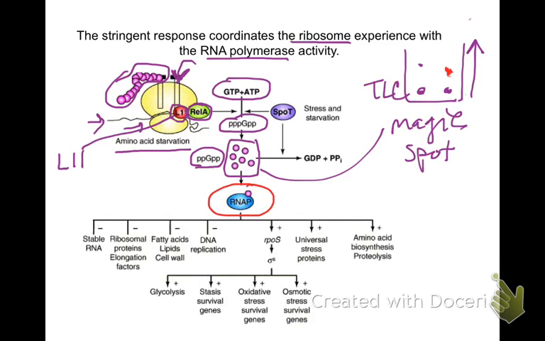So what would happen is that during this amino acid starvation, this RNAP bound to magic spot would shut down DNA replication, cell wall materials, fatty acids, lipids, stop making ribosomal proteins and elongation factors, and instead ramp up things like RpoS, which can control glycolysis and survival genes, oxidative stress genes, and osmotic stress genes.